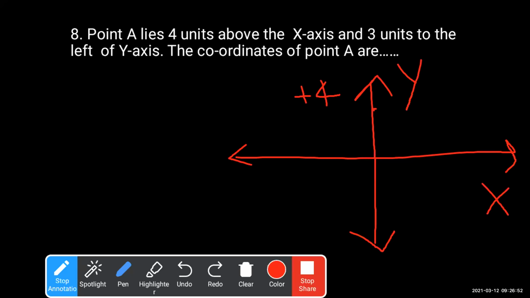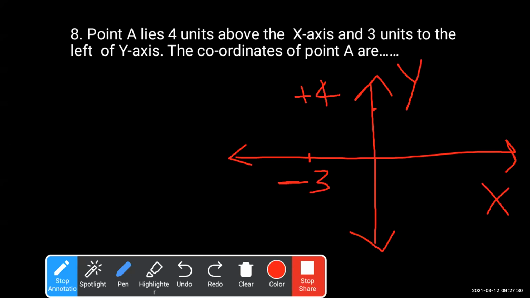And 3 units to the left of the y-axis. That means it will be negative 3. Now students, there will be various forms of asking the question. You should know that above the x-axis it is positive, below the x-axis it is negative. Same way, left of the y-axis is negative and right of the y-axis it is positive.